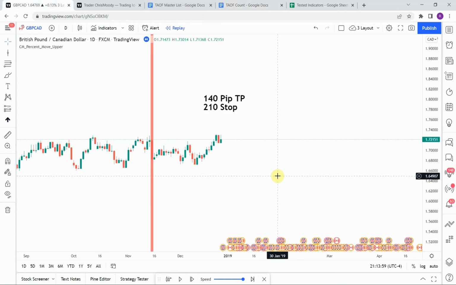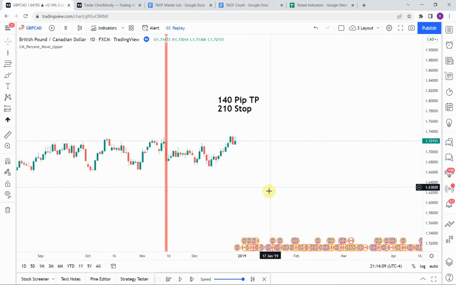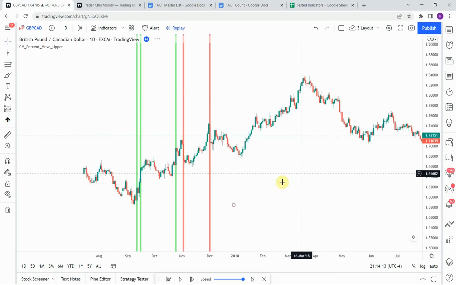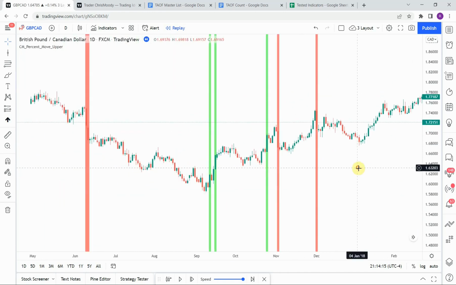Alright, so today's indicator is the CM% move upper indicator. And you can see it here on screen. There's not much to it other than these lines here, these red lines and green lines.